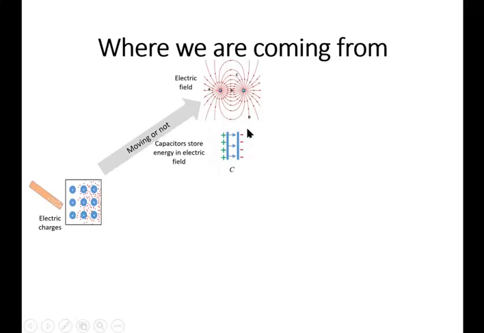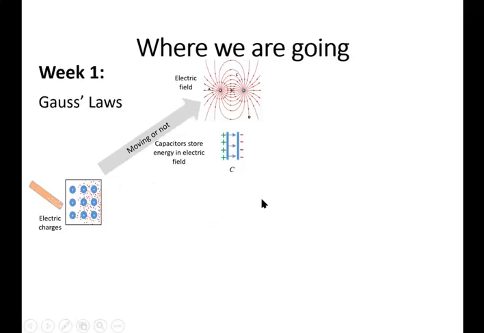So keep note, we are going to use the capacitor. We are going to expand the behavior of the capacitor in terms of the electric field. We've covered all these already, and we are going to extend what we've learned from electric field to appreciate the importance of Gauss law for electric field. We'll also talk about the Gauss law for magnetic field in the first week.